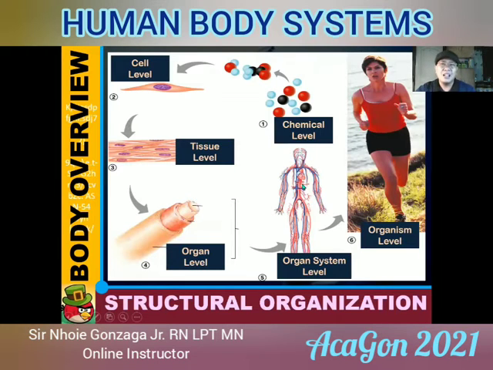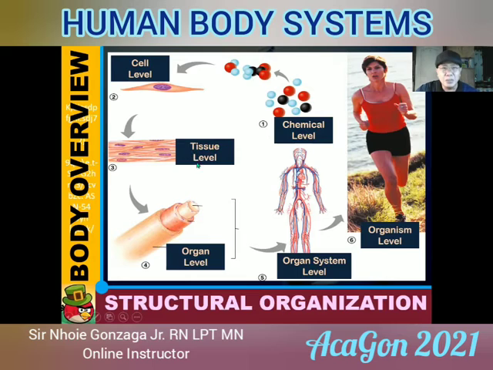Now, let us review the structural organization of our study. Okay, so first, it starts with the chemical level, meaning the proteins, okay, the calcium, phosphorus, everything. They combine together, they form the cell. After forming the cell level, when cells group together, it can be called tissues.